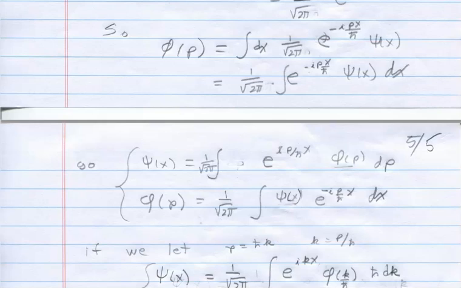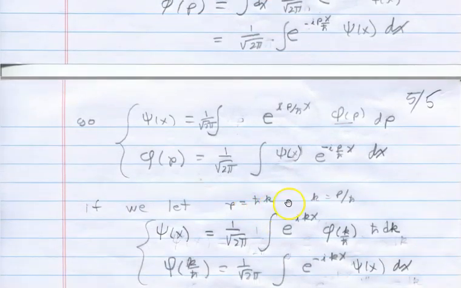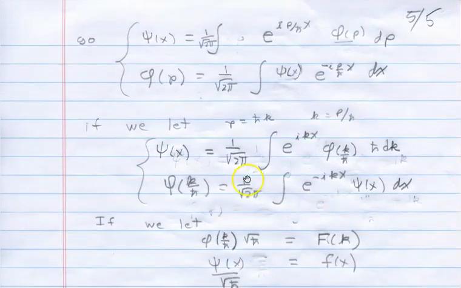So I've got this pair, really. If you give me the momentum wave function, or the momentum representation of the wave function, I can get the wave function, or if you give me the wave function, I can get the momentum. This should look very familiar to you in a lot of ways. Notice if we let p equal h bar k, and k equal p over h bar, and plug those in, I get this expression.